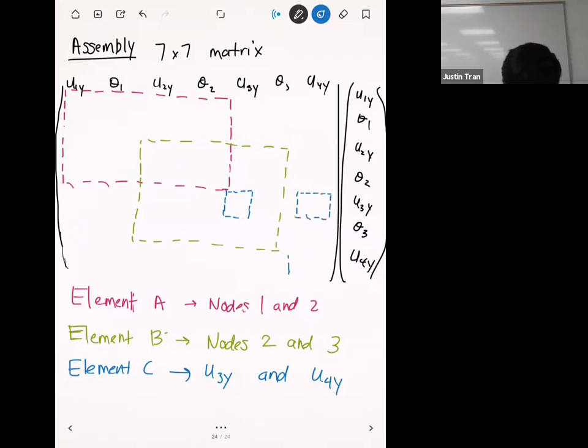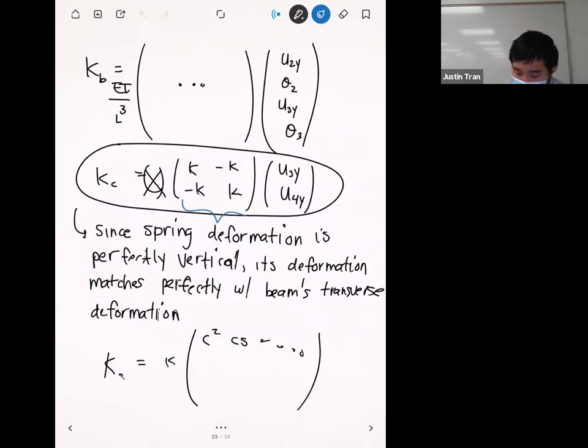Okay. It'll be this entry right here and this entry right here. Okay. And so we skip over all the rows and columns associated with theta 3 because the spring can't influence that at all. All right. Another way that you can check, especially when you have a disjointed element stiffness matrix like this, is to count all the squares that you included. Our element stiffness matrix for a spring, if we go back to the previous page, we can see has 4 entries in total.